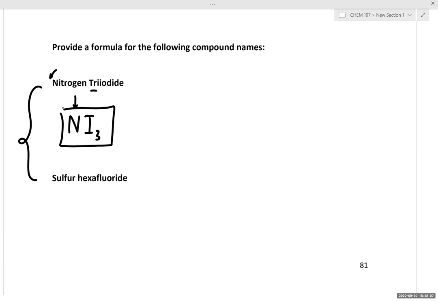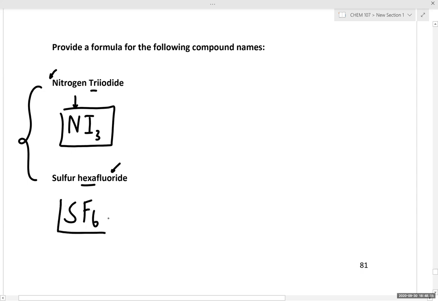For sulfur hexafluoride, we write out sulfur. Hexa tells us we have 6. Fluoride derived from fluorine. So our full formula would be SF6. Do these examples make sense to everyone so far? Any questions?